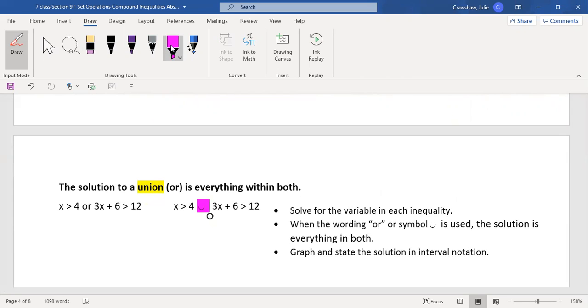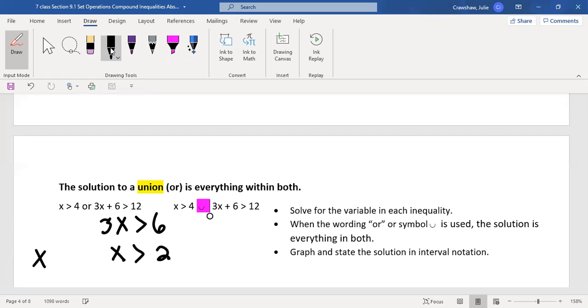This x is greater than 4 is already done for me. But for this second one, I would have to subtract my 6. So that's going to give me 3x is greater than 6, because 12 minus 6 is 6. And then I'm going to divide by 3, so x is going to be greater than 2, because 6 divided by 3 is 2.